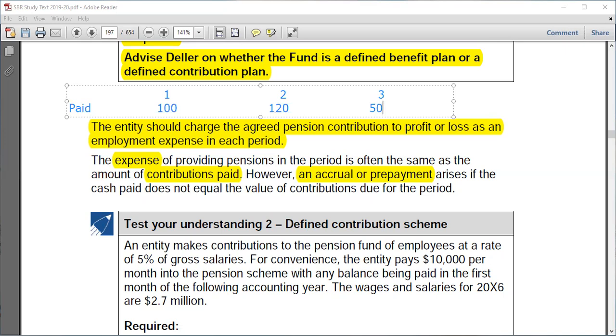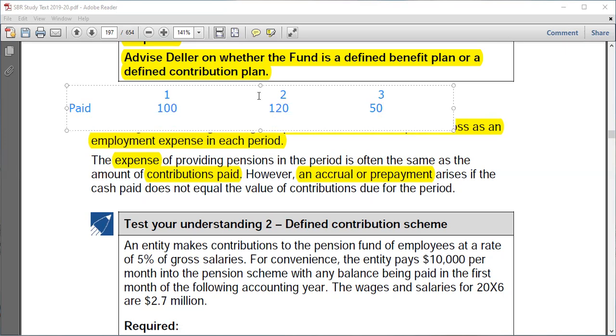Now, by doing this, in the income statement you have to record an expense, right? To record an expense, you may make matters very easy. You may just take an average. How do you obtain that average? 100 plus 120 is 220, plus 50 is 270, right?